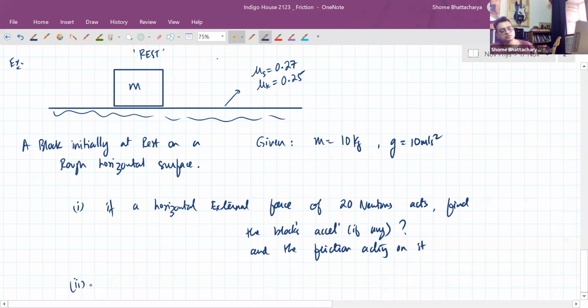Second part of the question, if again a horizontal force of magnitude, this time we'll make it 26 newtons, acts on the block, again find the acceleration and friction.